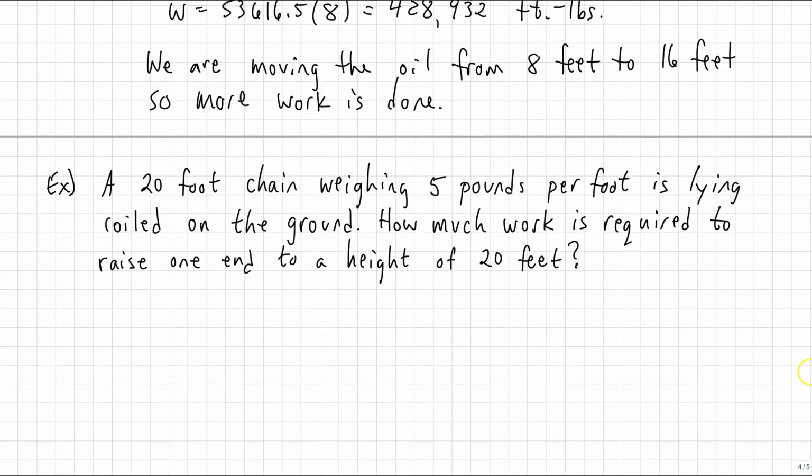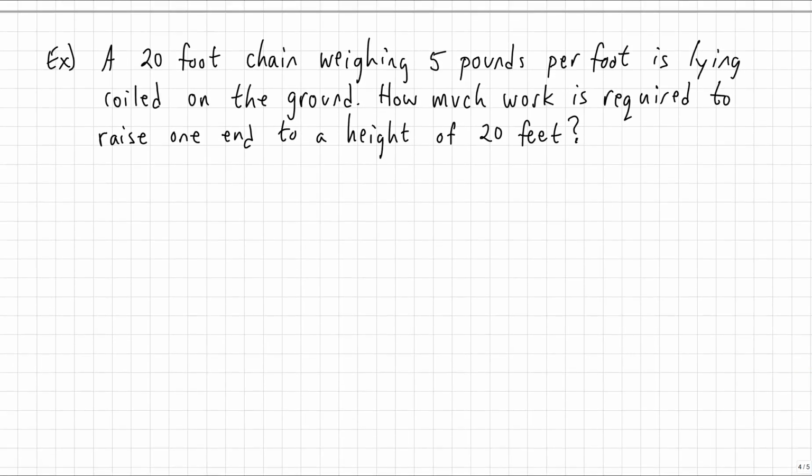Let's take a look at one more. A 20-foot chain weighing 5 pounds every foot is lying coiled on the ground. How much work is required to raise one end straight up to a height of 20 feet? So again, our force, because it's 5 pounds per foot, is going to be a weight in pounds.